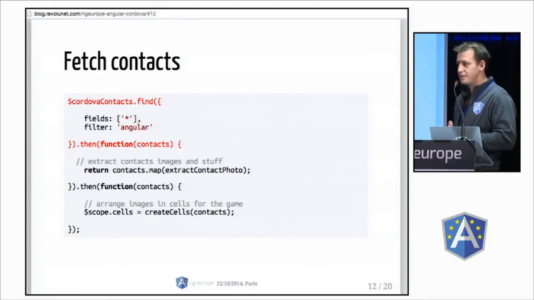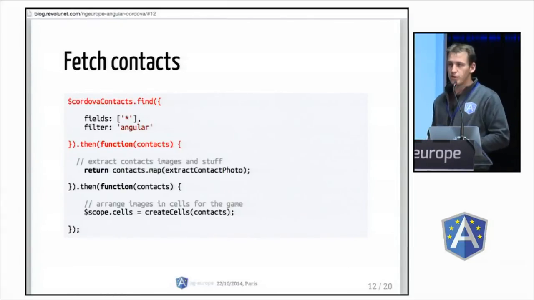First, this is how we fetch the contacts using the Cordova contacts service. It's really easy. You just call the find method on the Cordova contacts, and then it returns a promise, and you can play with the result.